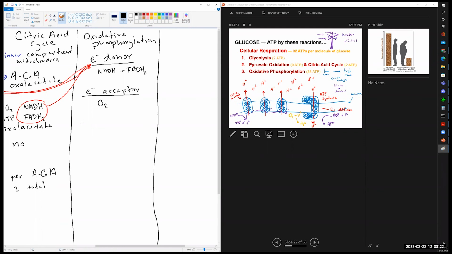We have several different products that we make. So we're going to make water. We're also going to make NAD+, FAD+, and ATP.